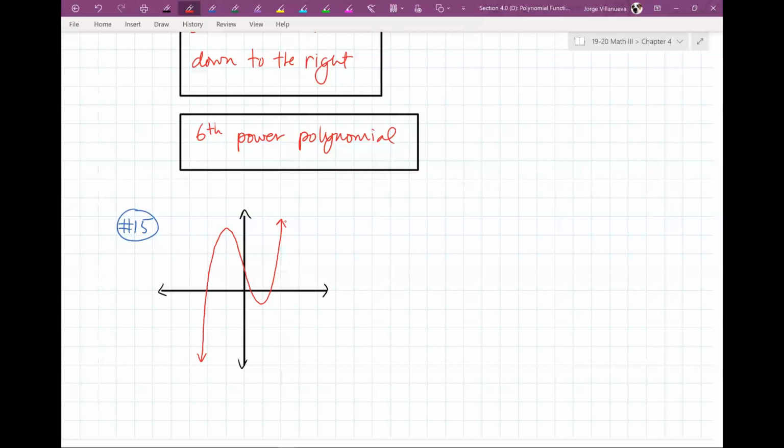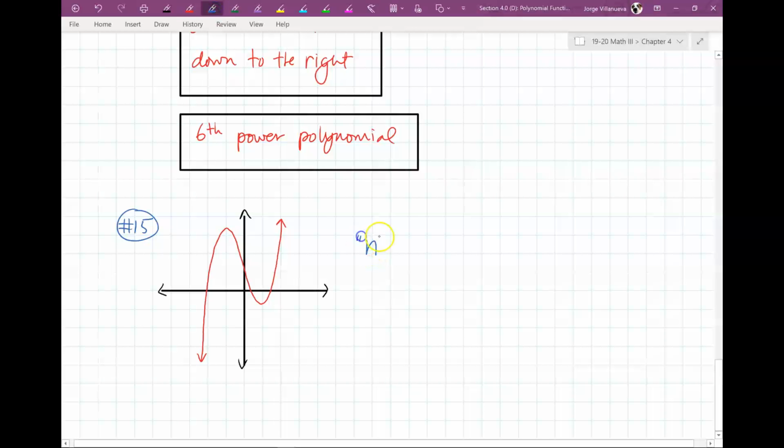Determine the sign of the leading coefficient. So the leading coefficient is that number, the a term. Notice how this goes bottom left to top right. What power is it, even or odd, if it's bottom left to top right? It's odd, right?